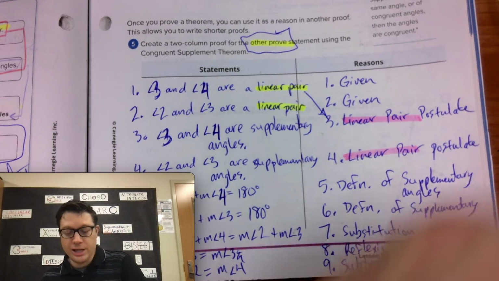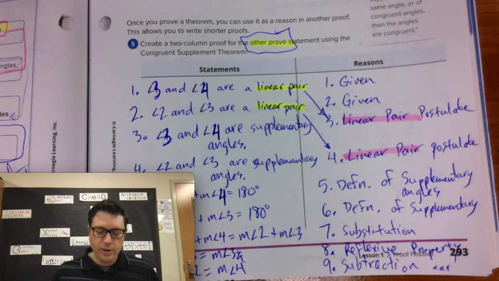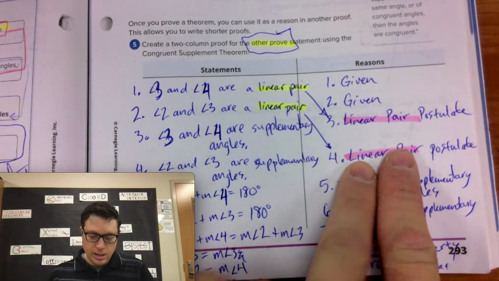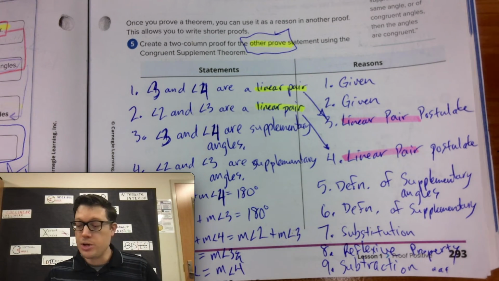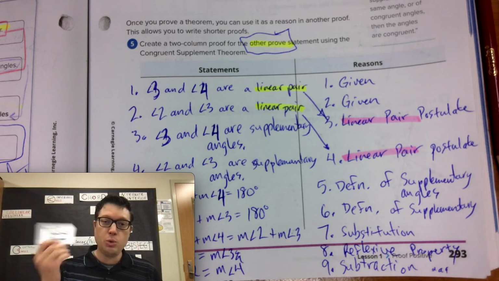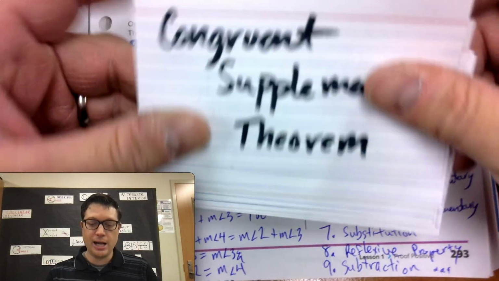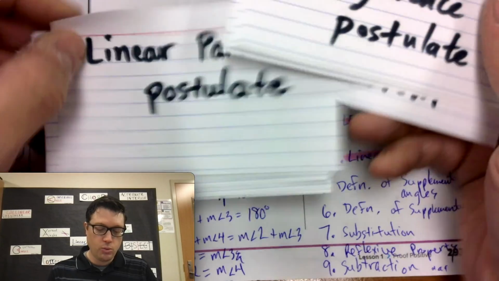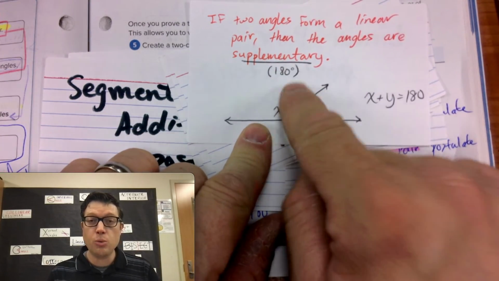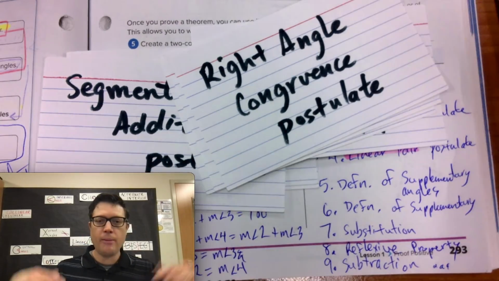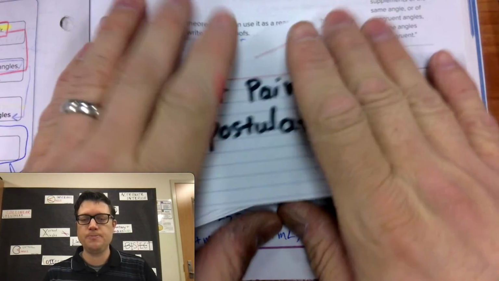So the flowchart is still visible in the 2-column proof. A statement becomes a reason, and then you use that reason to justify another thing, which is why it is so important that you work on developing your deck of cards with all of our vocab words, so that when you see linear pair postulate and the back tells you to use the word supplementary, it automatically gives you the roadmap of what you need to do to solve these problems.